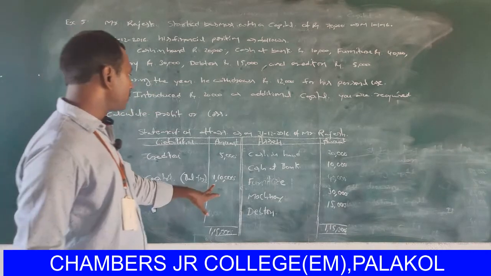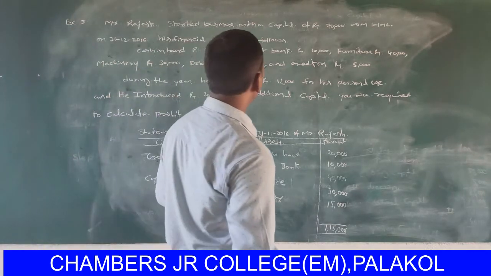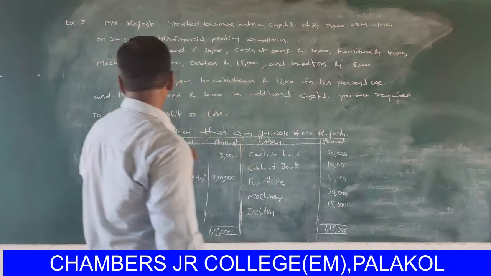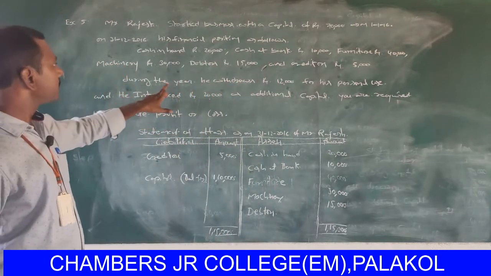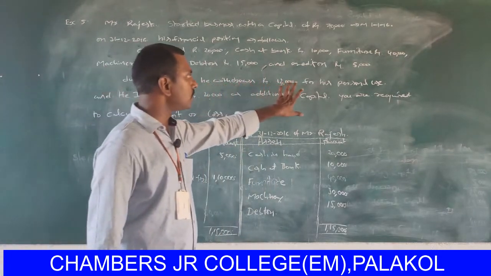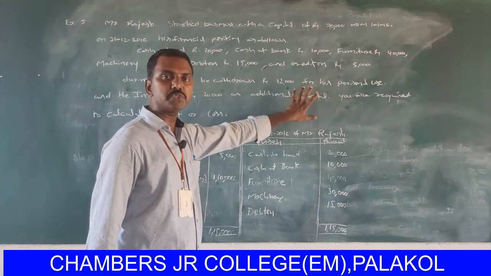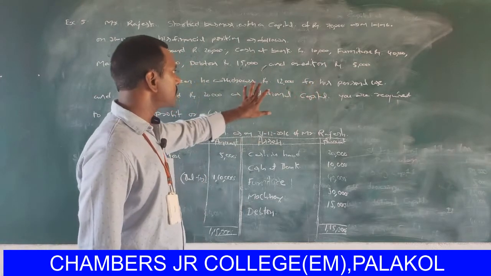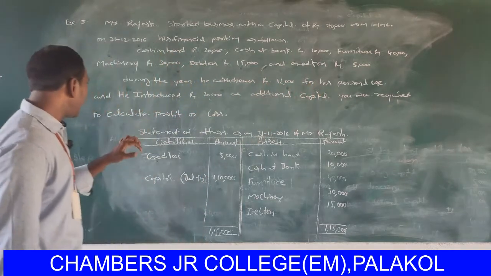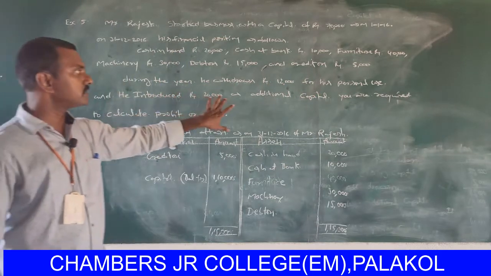Now we know the closing capital and opening capital, and also that during the year he withdrew 12,000 for his personal use. Personal use means drawings. Here the drawings are rupees 12,000, and he introduced 20,000 as additional capital.